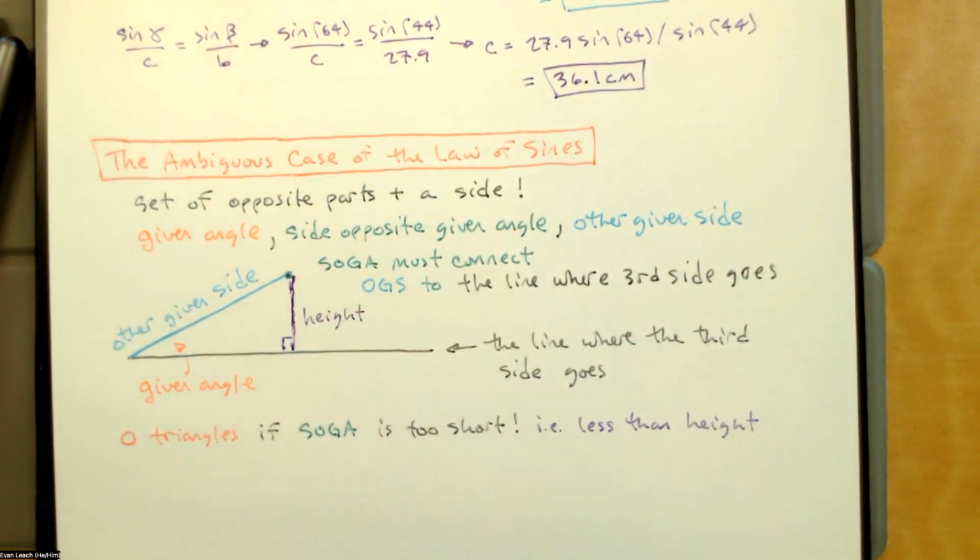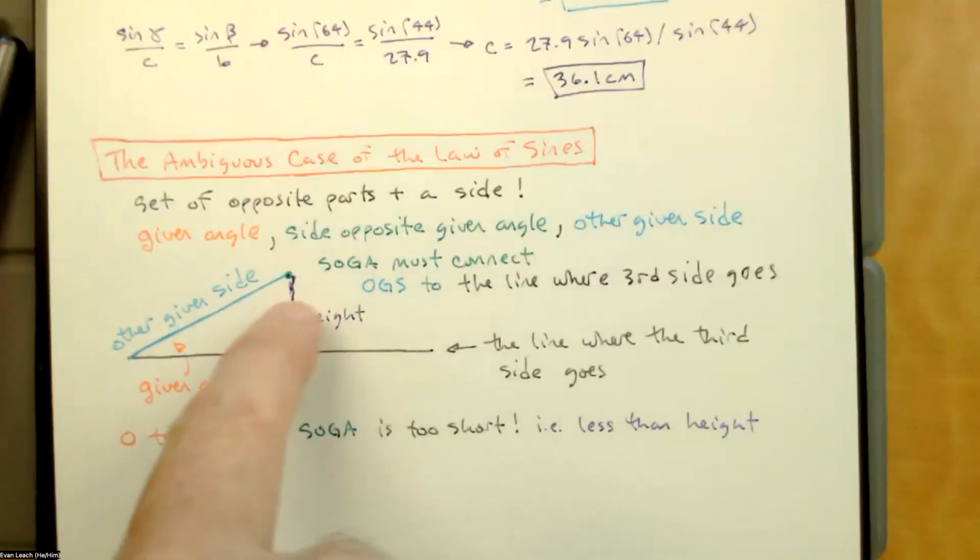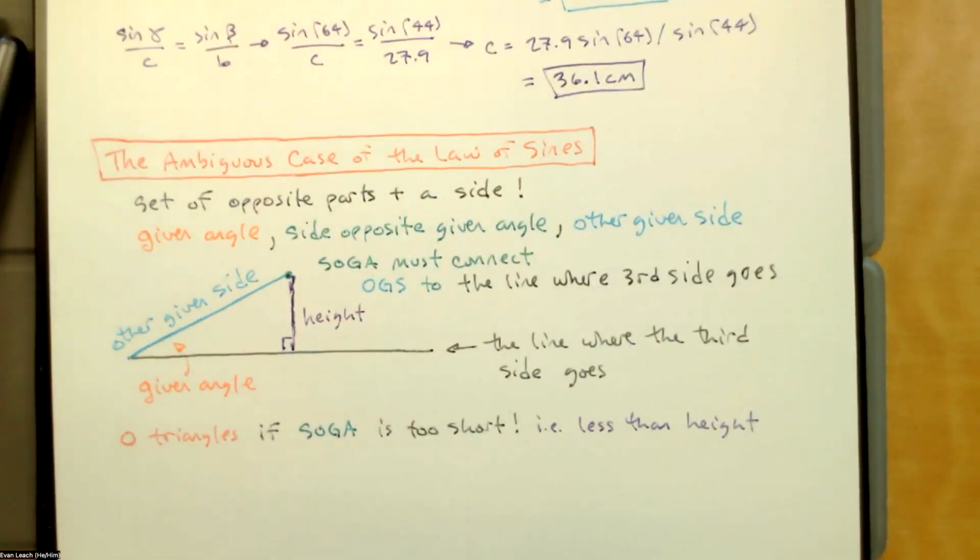If the side opposite the given angle is less than that height, then we have no triangles. We try to install the side opposite the given angle, and it just hangs there from the other given side. It can't reach the line where the third side goes. Can we imagine it? Just imagine the little green side opposite the given angle, dangling from the other given side.